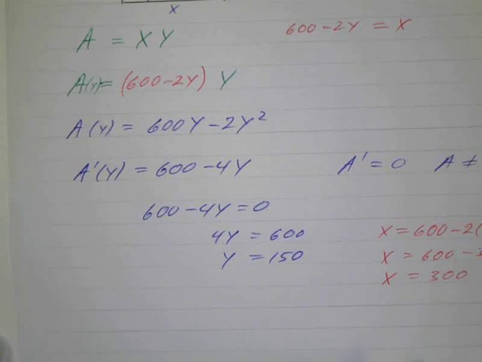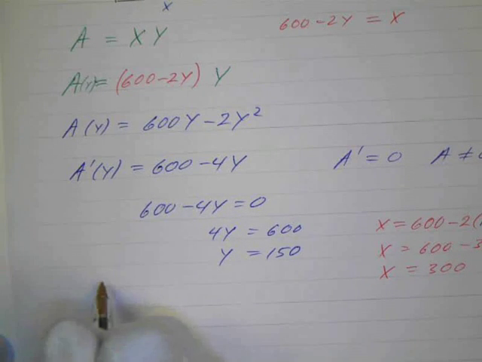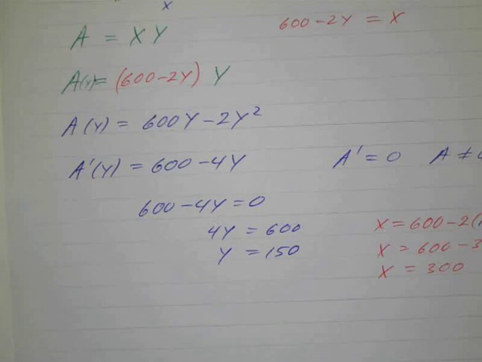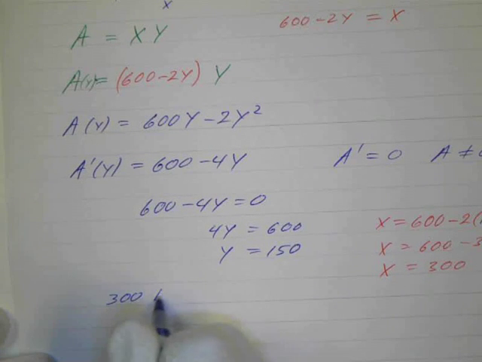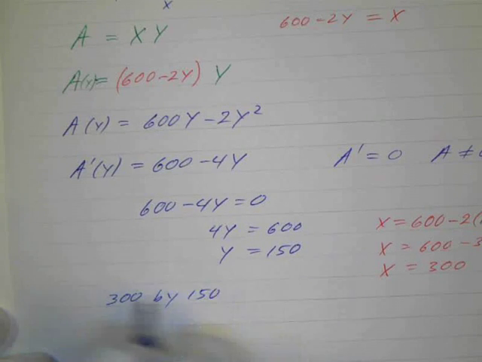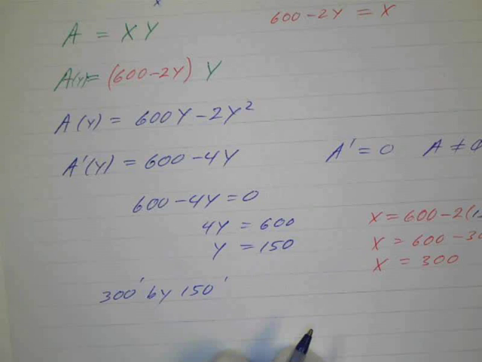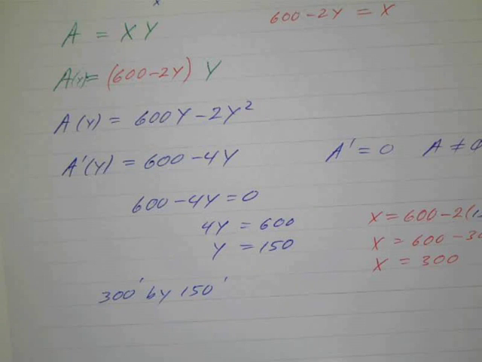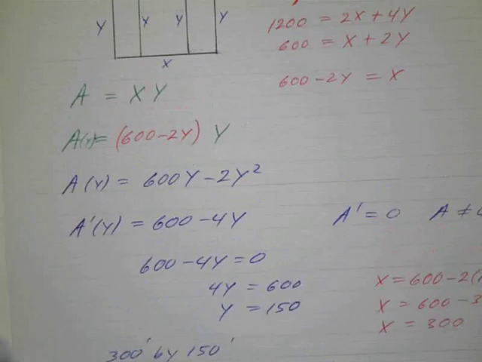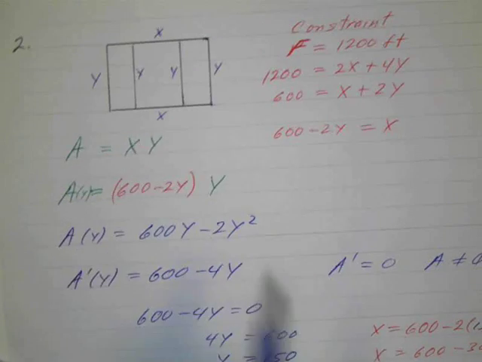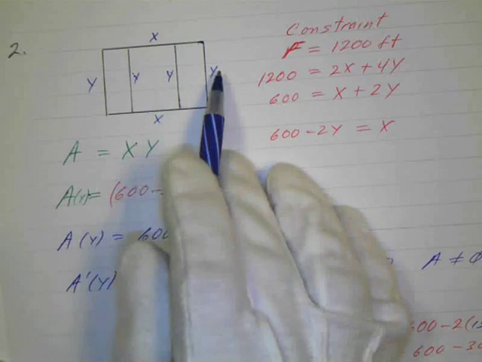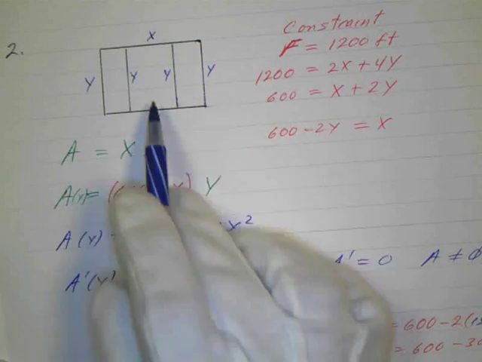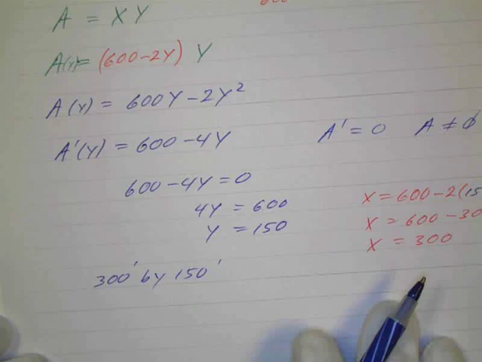So those are our dimensions, x and y, 300 by 150 feet. And you can always check that to make sure these all add up. So if y is 150, I've got 150 and 150 is 300, and 300 is 600, and then 300 plus 300 is 600, so that looks all right.